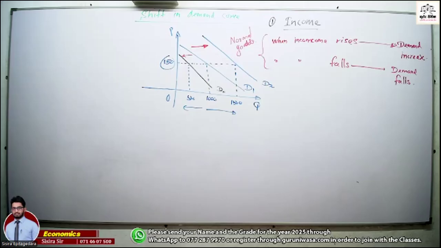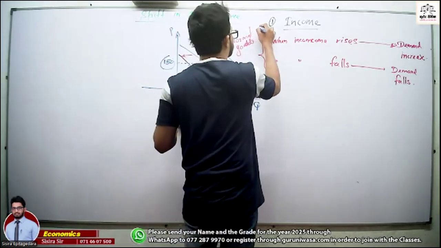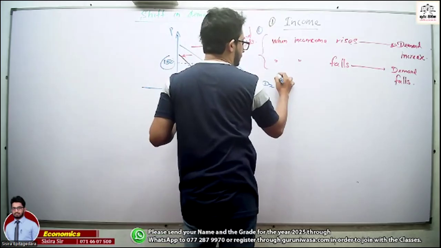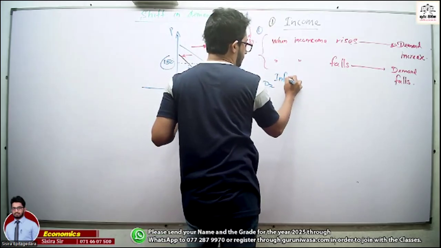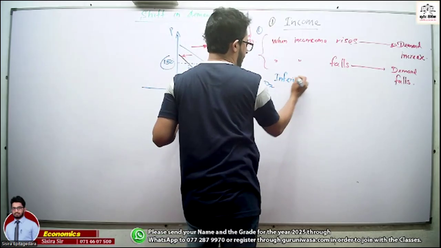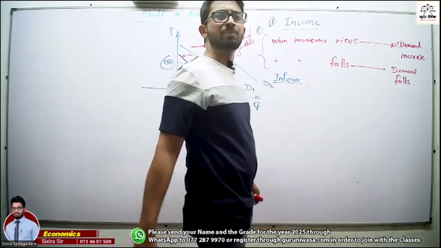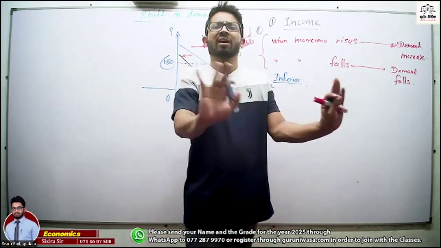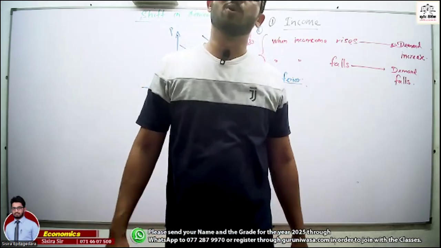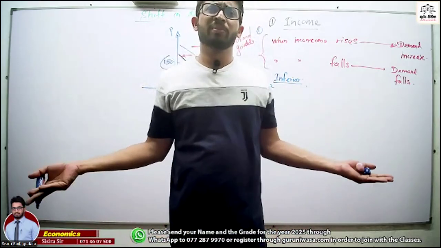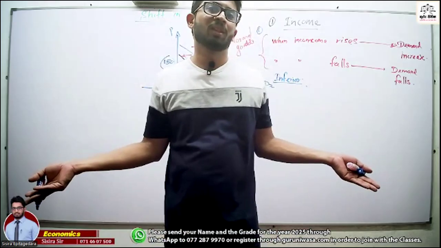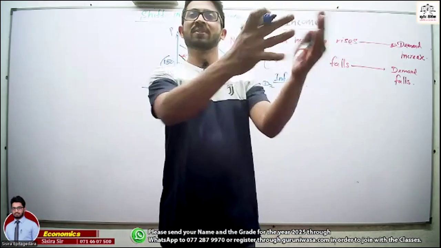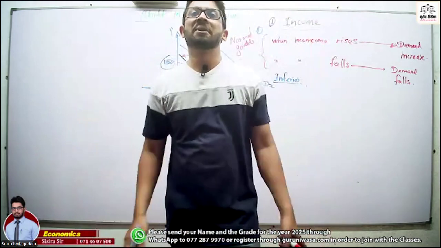This is the first one, right? There is another type of product called inferior goods. What does it mean? Inferior doesn't mean low quality. It means when you are getting rich and rich, you don't care for the product, like public transport, or phones like Huawei, maybe Samsung. You try to move to luxury products.